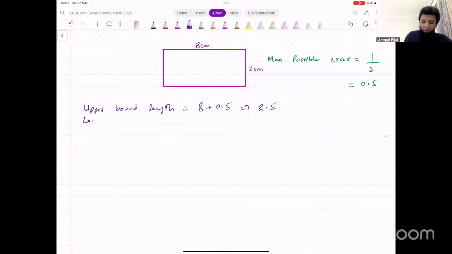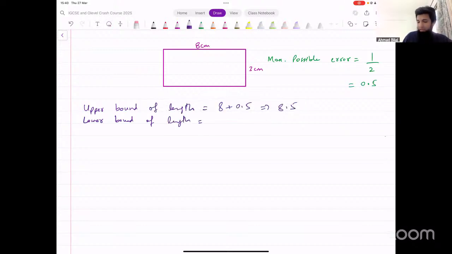The lower bound of the length of the rectangle, what would that be? That would be 8 minus 0.5, which turns out to be 7.5.